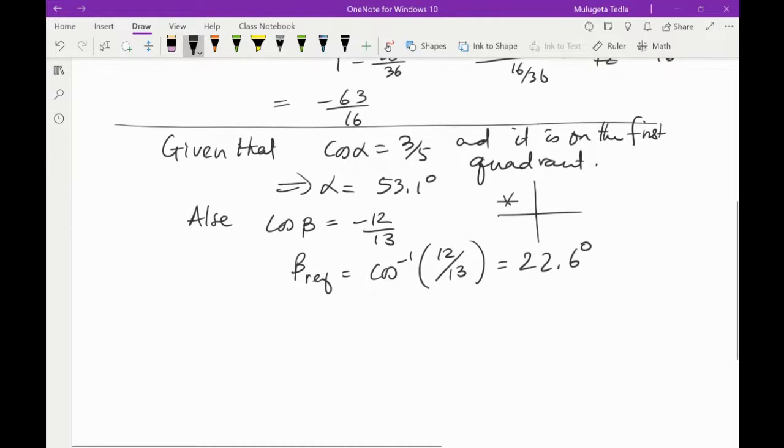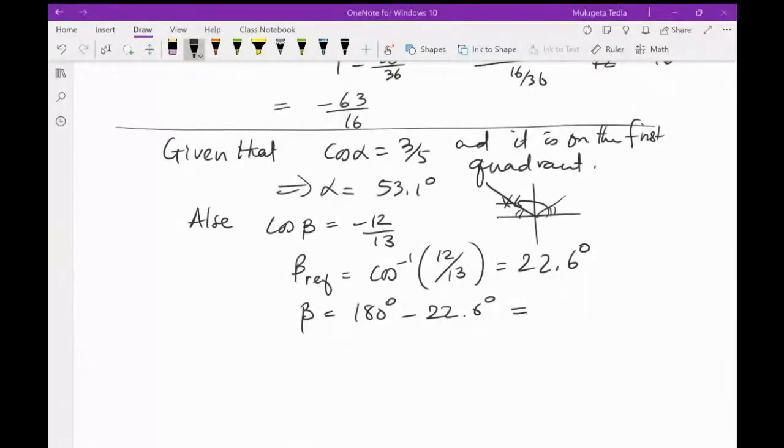That's a reference angle. Then the actual beta is this one, right? So you can take 180 minus that reference angle, which is 180 minus 22.6, must be 157.4.